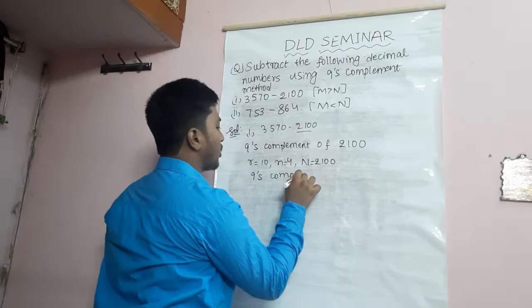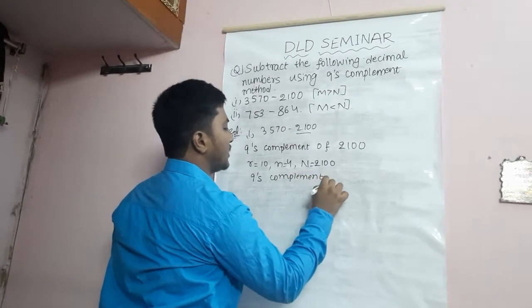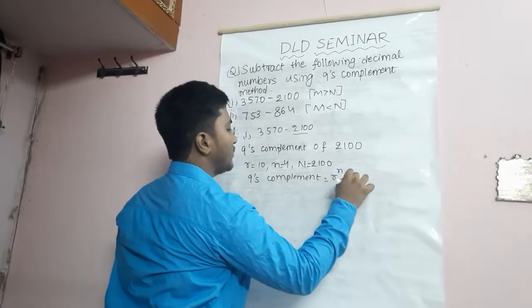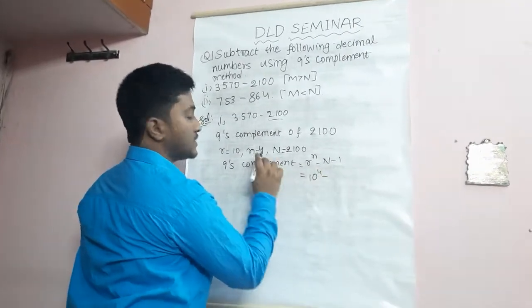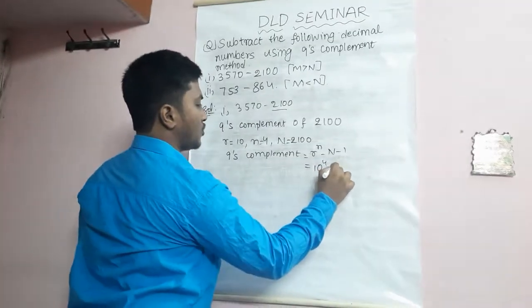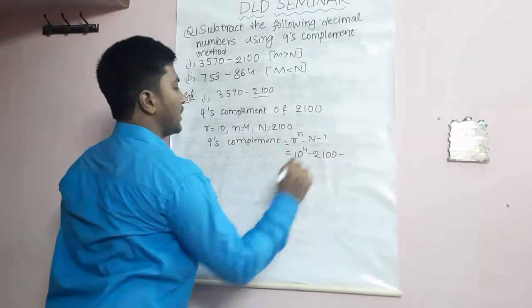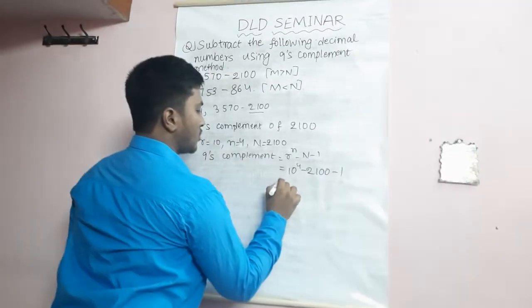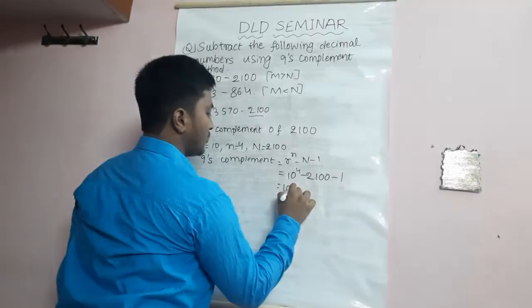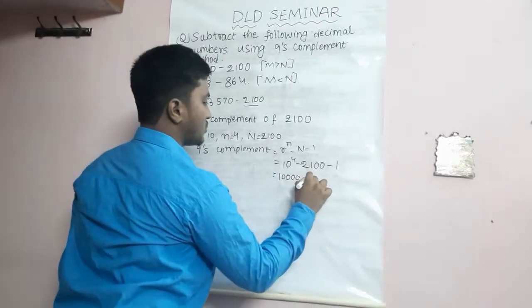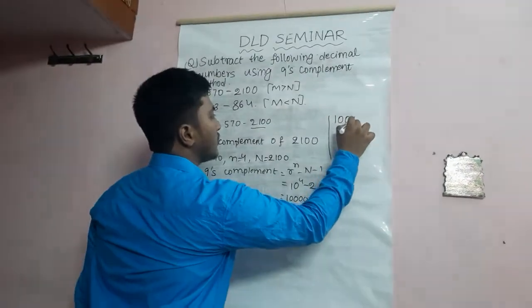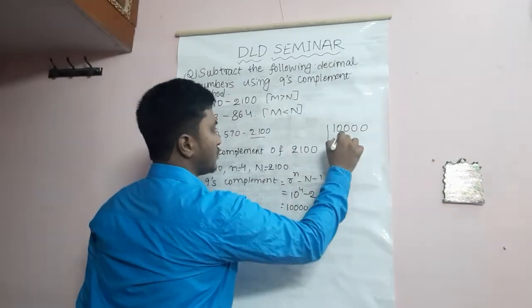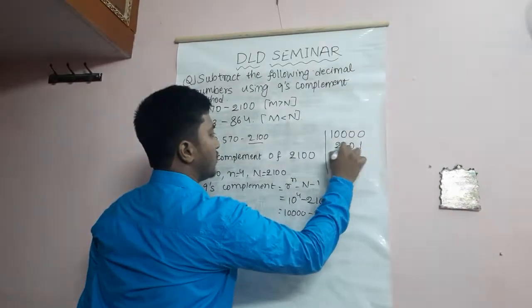So 9's complement. Already I told the formula, that is r power n minus capital N minus 1. So r is 10. 10 power 4 minus N is 2100 minus 1. So 10 power 4 is 10000 minus 2101. So I am doing here 10000 minus 2101.